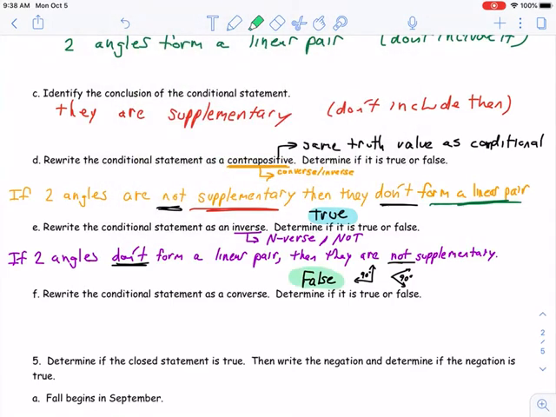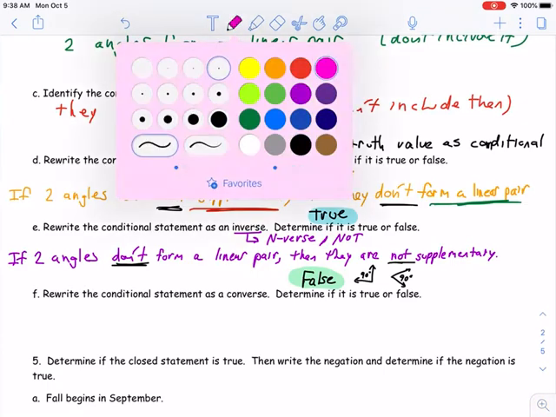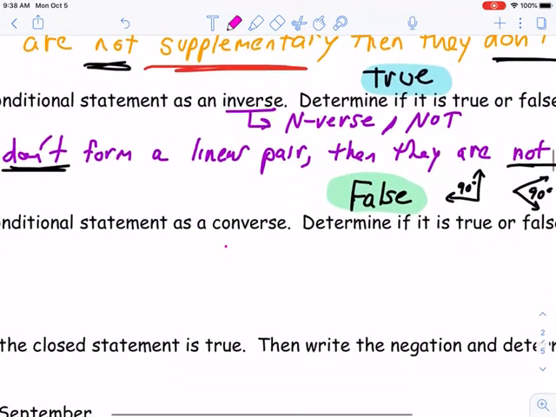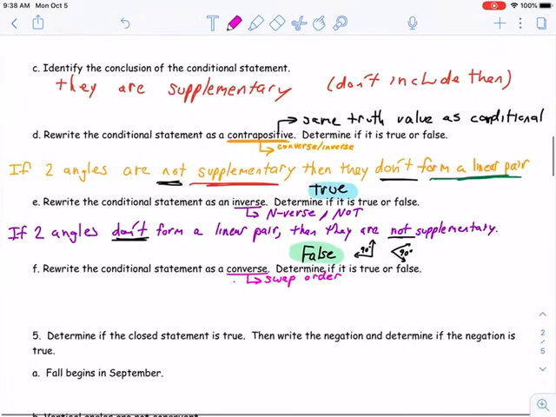All right, and then we're going to rewrite the conditional statement as a converse. So this one, I like to say swap order. You're putting your Converse shoes on the wrong feet. You're swapping the order of the hypothesis and conclusion.